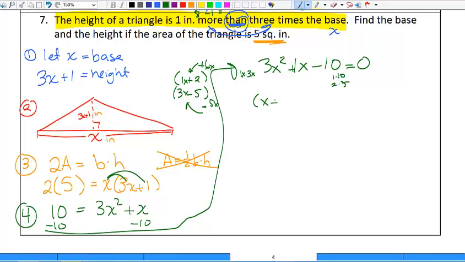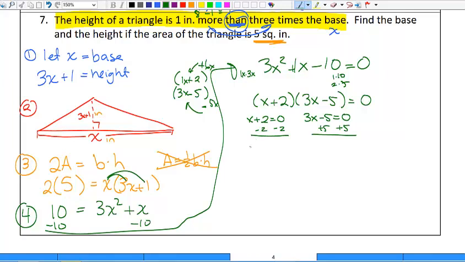So this factors into x plus 2, 3x minus 5. Set each of those factors equal to 0. So I have x is equal to negative 2 and x is equal to 5/3.